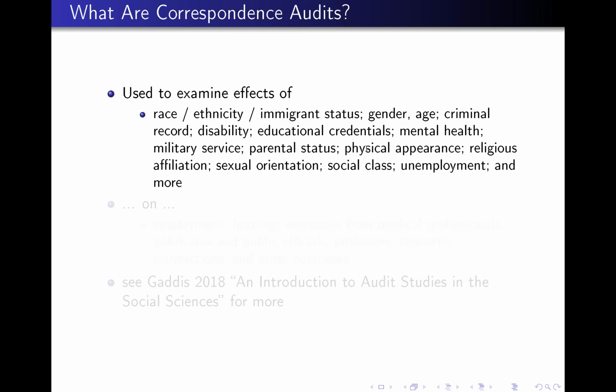I don't think we would say that people are discriminating against people who go to the University of Texas at Austin versus a different school, but it's a way that we can get a causal effect of different characteristics. So it's not just about discrimination, but it is differentiating between categories of a characteristic.